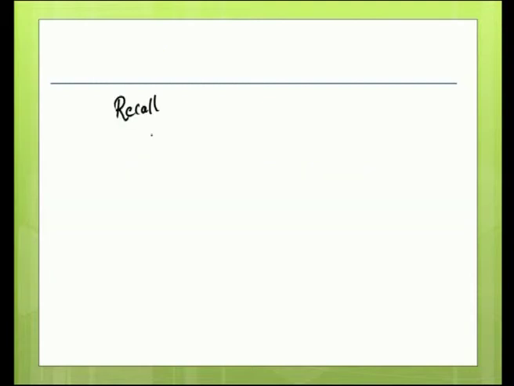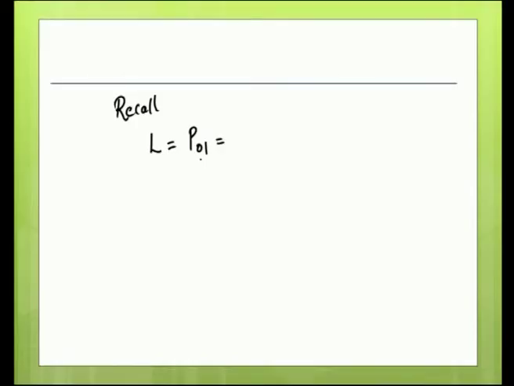So, the first formula is the Laspeyres index number formula. It is represented as L. L is equal to P01, that is, calculating the current year index number with respect to the base year, it's a price index number.